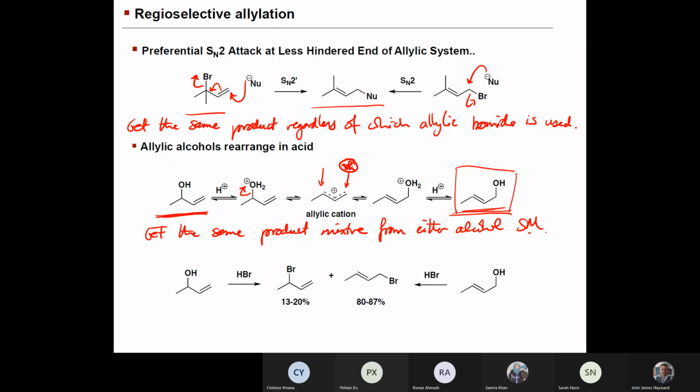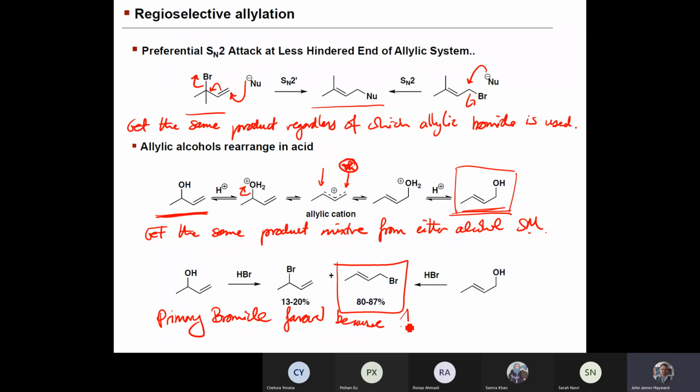So the primary bromide here is favored because it has the more substituted alkene and less hindered Br.